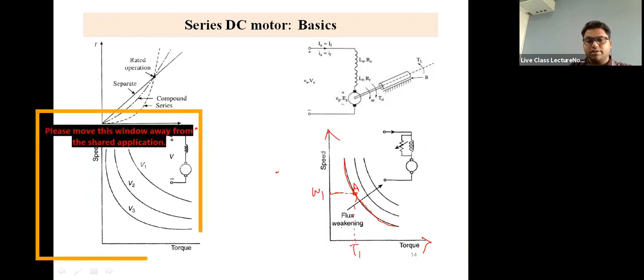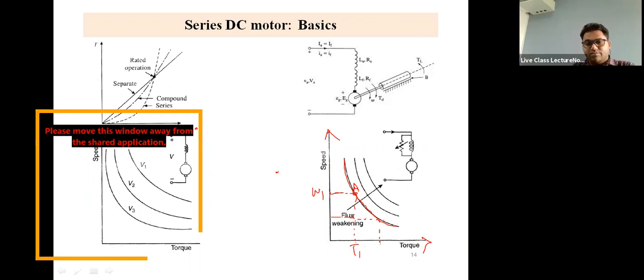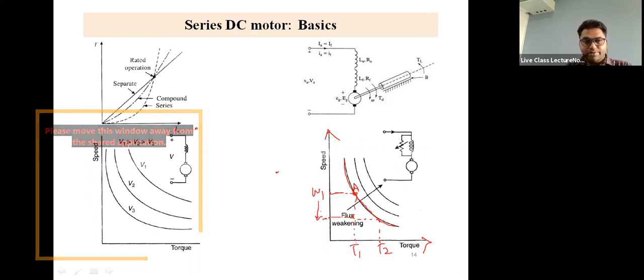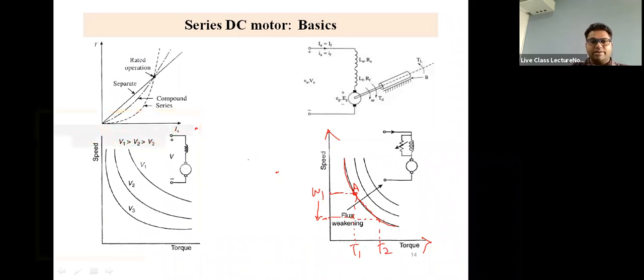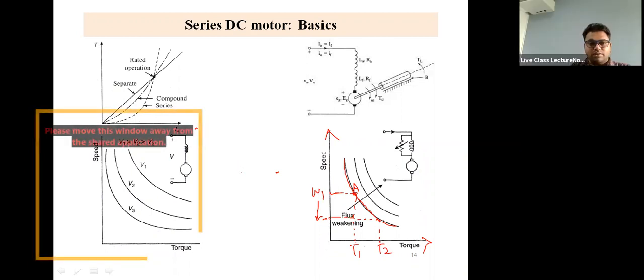Omega. What is the torque here? T1. Now if you decrease the speed, the torque will increase. So you cannot decrease the speed, right? You have to increase the torque. Whatever that T2 will be, as per that the speed will come down. Doesn't that happen with everyone? If you are riding a bicycle and suddenly one of your friends jumps onto your bicycle, your speed goes down or not?